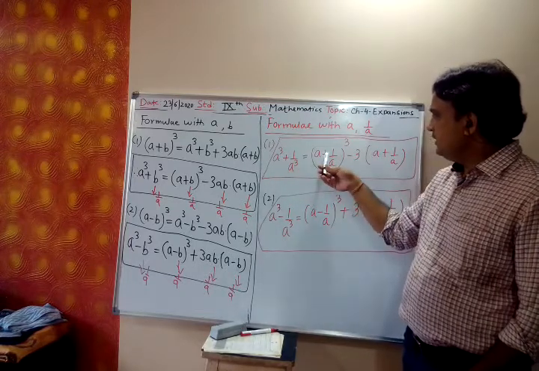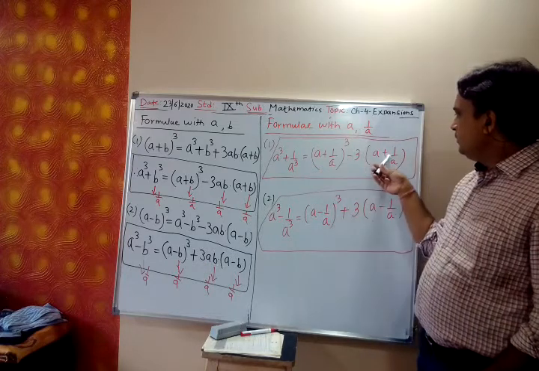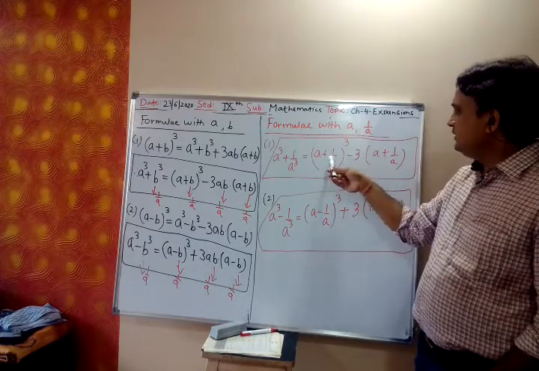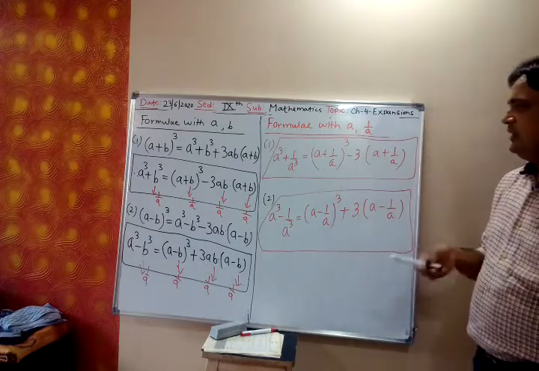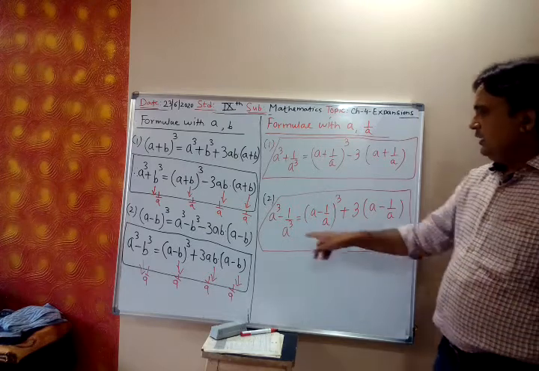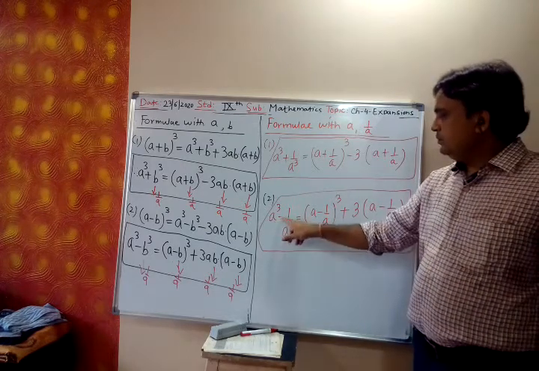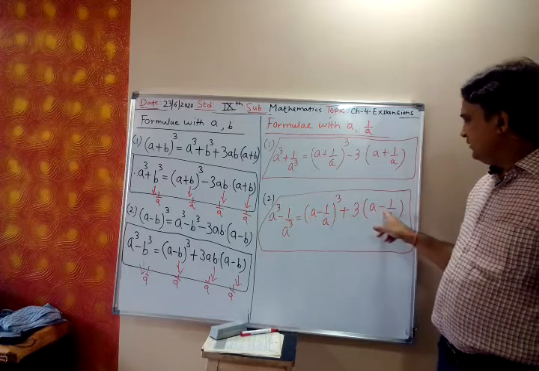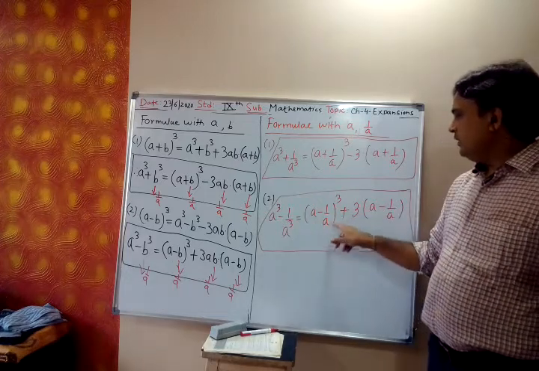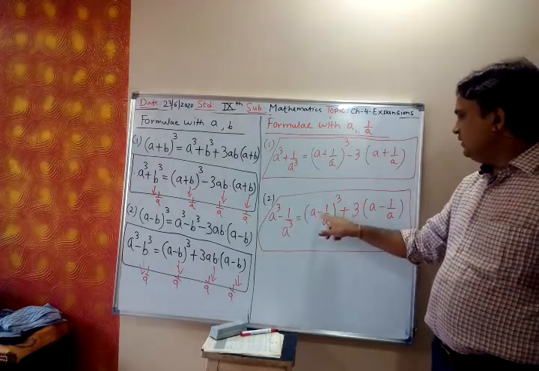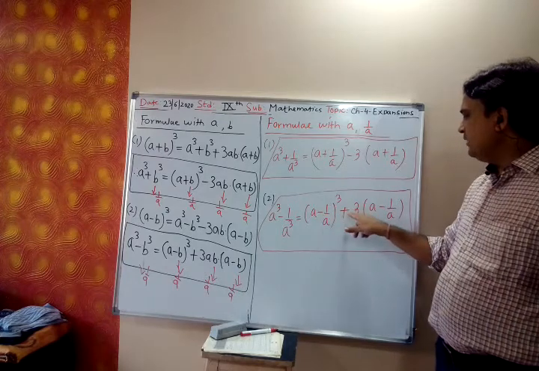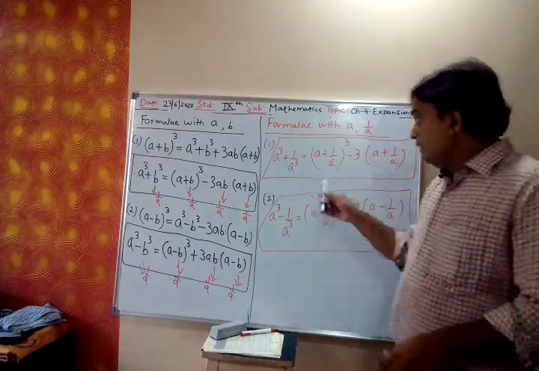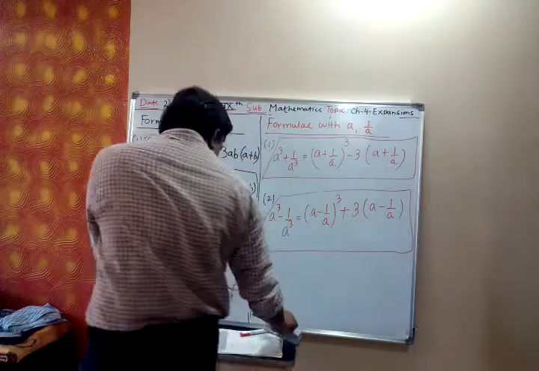This plus sign is there in the bracket, but outside bracket I will have minus sign. In this way we remember the formula. A cube minus 1 upon a cube, so this minus sign will be inside bracket, a minus 1 upon a, and outside bracket I will have plus sign. So these two formulas are important.